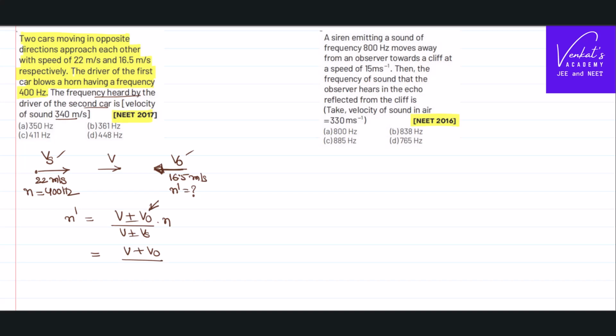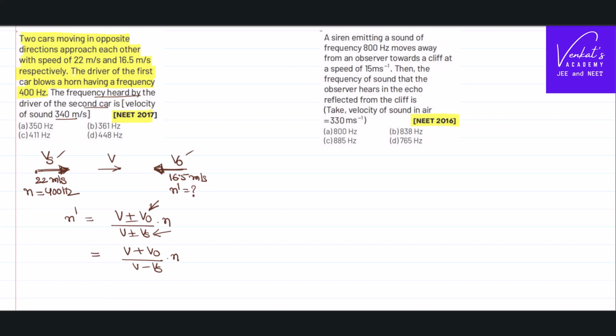The source is also approaching the observer, so because of the motion of the source also, apparent frequency increases. But the source term is in the denominator. If something has to increase because of the source, the denominator has to reduce. Then I have to write V minus Vs into N.